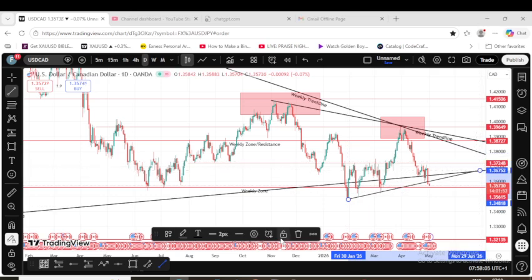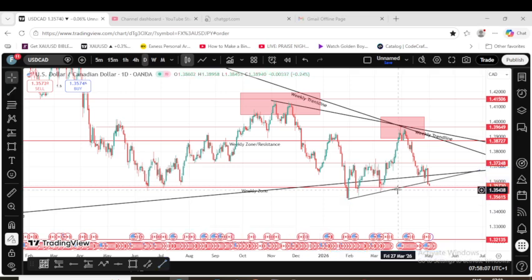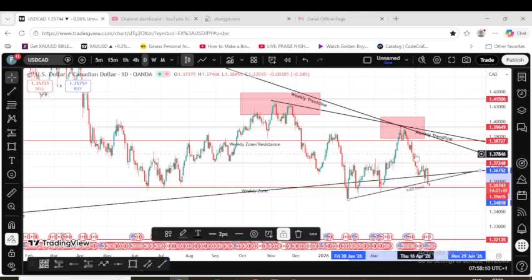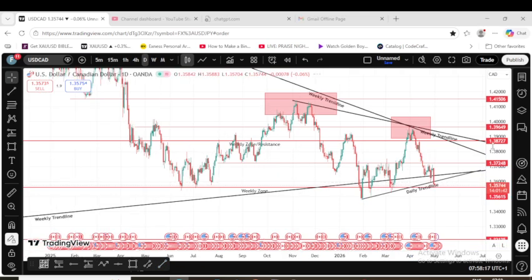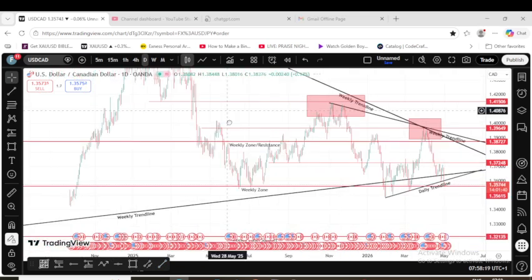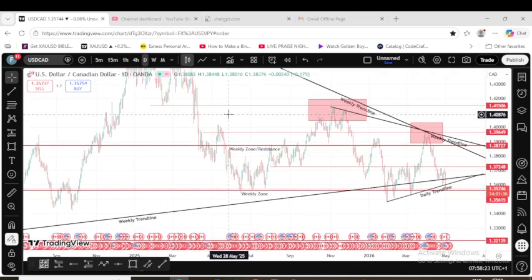So this is going to be my daily trend line. And it doesn't seem that we have any daily bearish trend lines to be drawn here. The ones that we may have to draw have already long since become invalid.